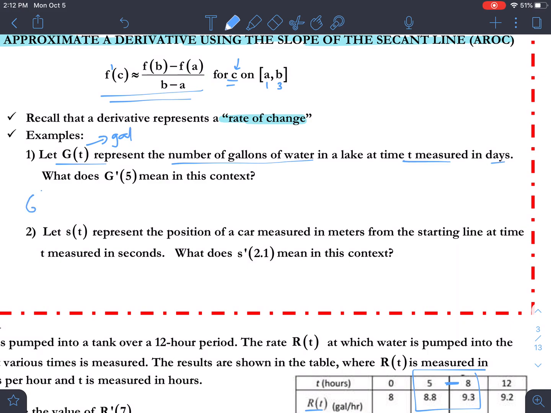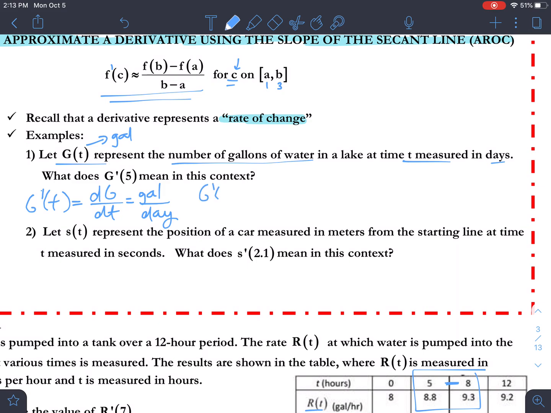And when I write g prime of t, remember that we can write this as dg dt. And this is actually super useful here because now we can use this to find our units. What are the units of the derivative going to be? Well, g is in gallons, and t is in days. So our units here for g prime is gallons per day.